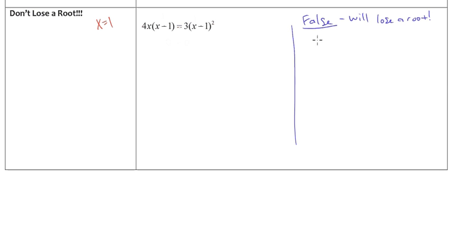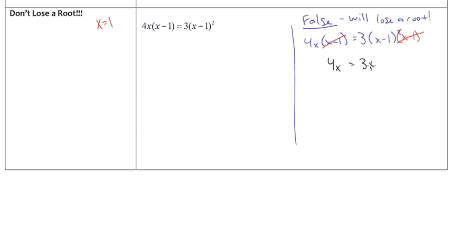All right, if we have 4x times x minus 1 equals 3 times x minus 1 squared, and we're thinking, hey, you know what, I'm going to divide each side by x minus 1, and so the squared, just to write it out, means x minus 1 times x minus 1. If we divided each side by x minus 1, that right there is the step that will lose the root for us. So it would leave us with 4x equals 3 times x minus 1.